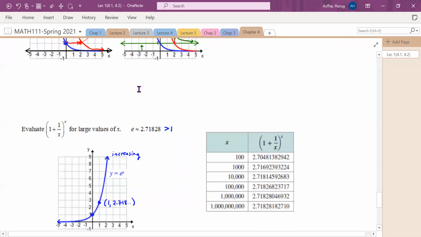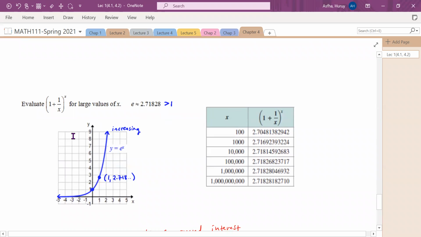All right. And now we will see a very important number in mathematics, which is called e, represented by the letter e. You can try this at home using your calculator or your laptop.